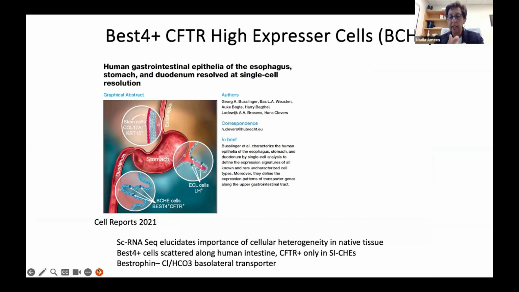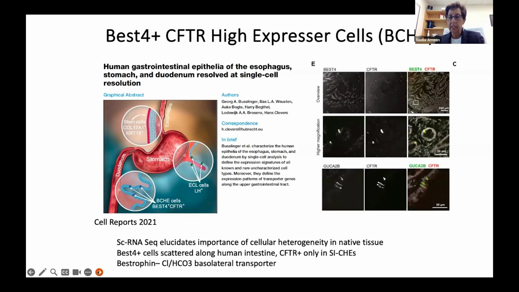In this paper in 2021, he identified my cells, the CFTR high expressor cells, in the human duodenum by single cell, and he named them BEST4 positive CFTR high expressor cells, because he found by single cell RNA-seq that these cells express very high levels of a gene called bestrophin 4.